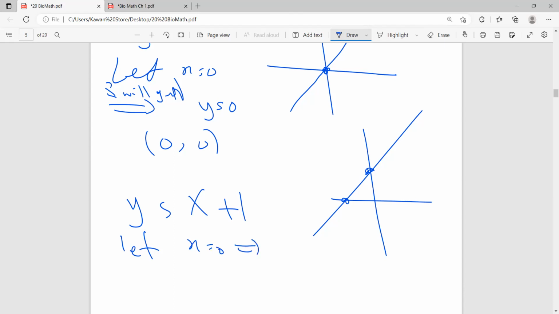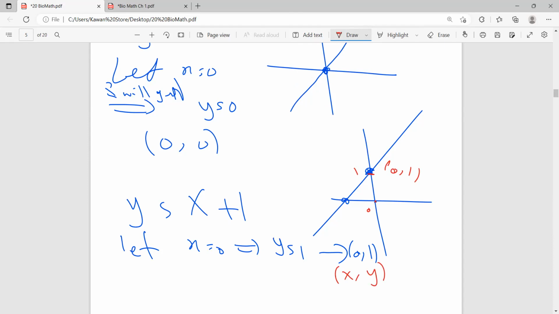Y will be what? Y is 1. So where is 0 and 1? 0 over x, 1 over y. So here's the 0 and 1. Am I right? It means that x is 0, y is 1.